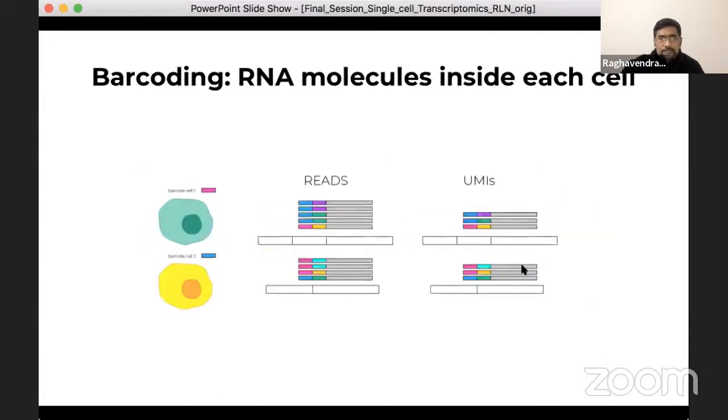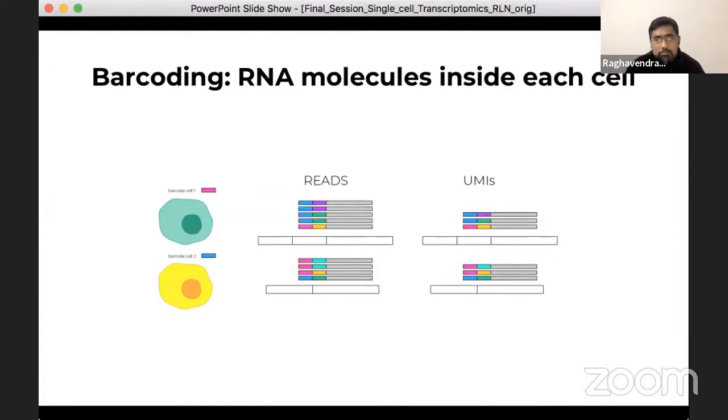Next, the barcoding of these molecules inside each cell. Each cell has to be tagged by a unique barcode to identify those specific cells during analysis, because these barcodes will become the tag which will quantify those mRNAs and segregate those mRNAs to those specific cells.